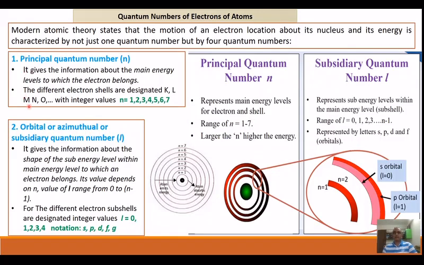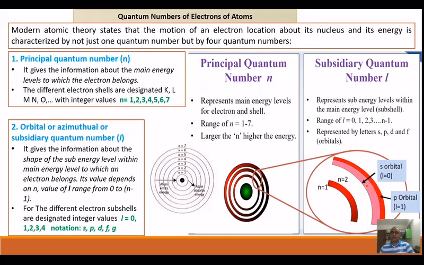The second is the orbital or azimuthal or subsidiary quantum number, represented by small l. It gives the information about the shape of the sub-energy level within the main energy level. Suppose this is the main energy level, and this is a small strip.